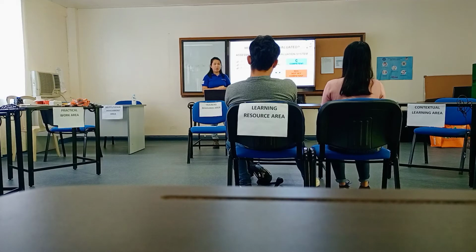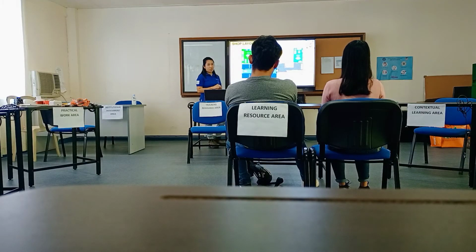And if you are not yet competent, don't be bothered. Your trainer, facilitator will help you to practice more and improve. This is an indication that you may practice more or improve your specific skills, so that you are able to fill in the training gaps. Okay? So are we clear with how you will be evaluated?